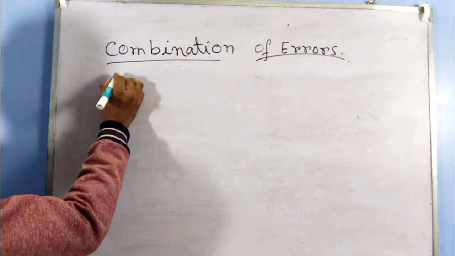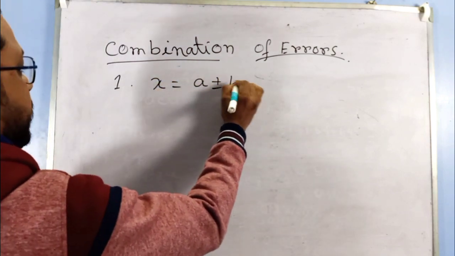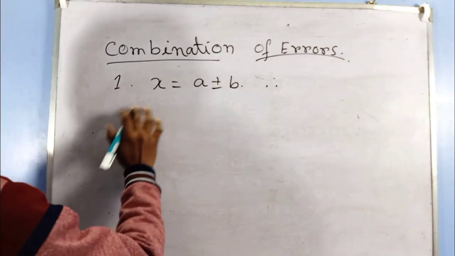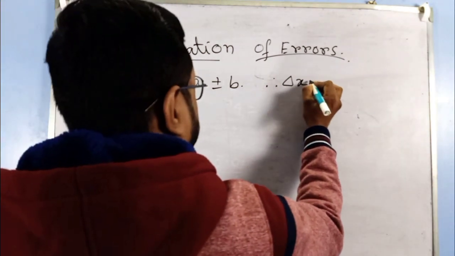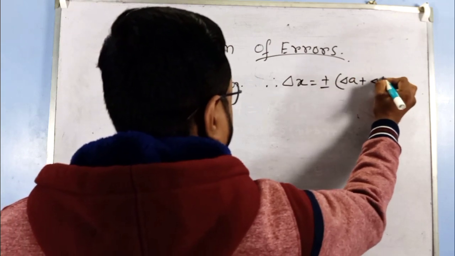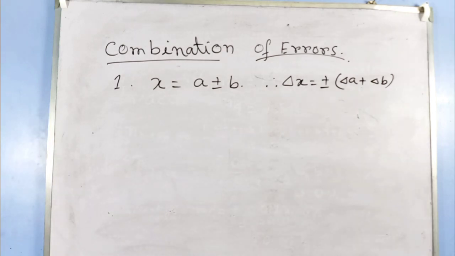Combination of error means if a quantity is x equal to a plus minus b, then its error delta x must be plus minus delta a plus delta b.